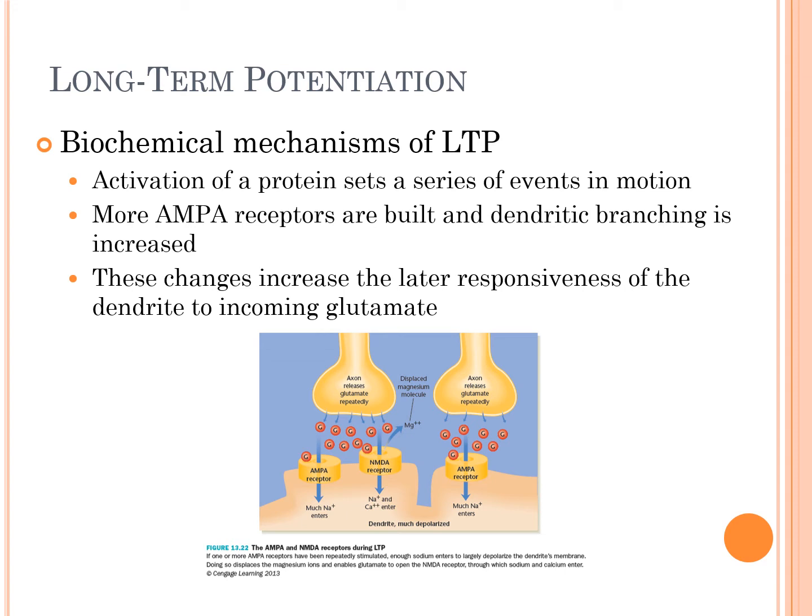As we saw about three or four slides ago, these changes can now increase the responsiveness of the dendrite to incoming glutamate. So I've now strengthened that synapse by both adding AMPA receptors and more dendrites by allowing in the calcium through the NMDA receptor. And those are really the mechanisms of long-term potentiation.